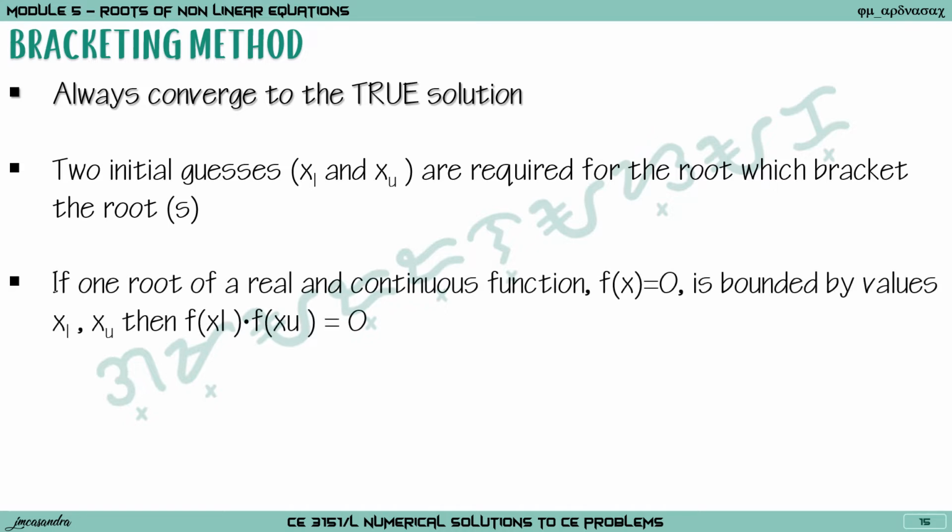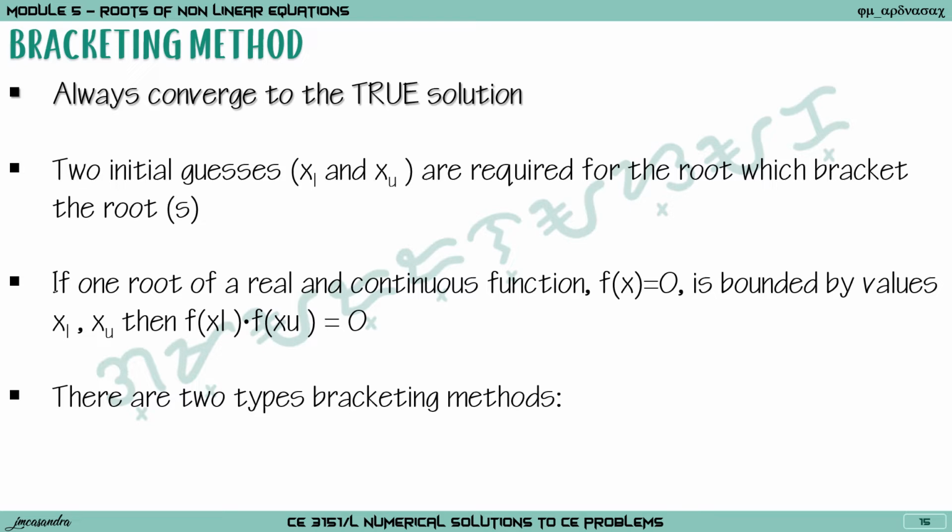So if one root of a real and continuous function f of x is equal to 0, then it will be bounded by the values XL and XU. And the root will follow the condition that the function of XL times the function of XU should be less than 0.